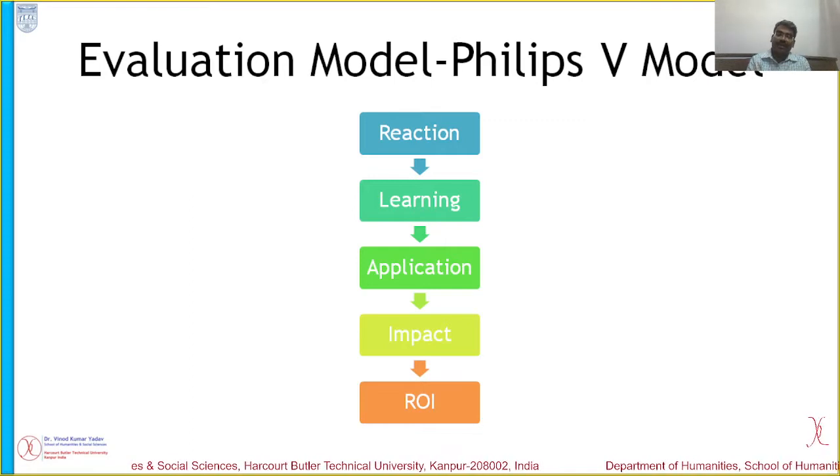For example, your learning objective may be to upgrade knowledge, or maybe to upgrade skills, and this knowledge or skill or both depends on the performance need. Then, to what extent you are able to apply that learning in the workplace, which ultimately results in organizational needs.